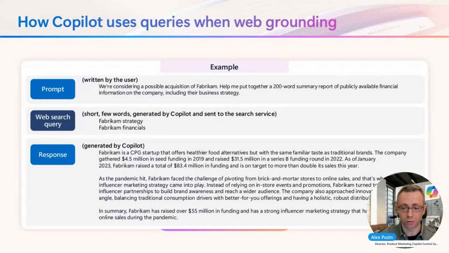It includes two phrases, Paprikam strategy and Paprikam financials. Copilot does not share your intent in this case about why you're asking these questions with Bing. It simply shares a couple of words that are useful for enhancing the quality of the response. Then when the data comes back from Bing and from the web, it will incorporate that latest data into the response. Let's go on.